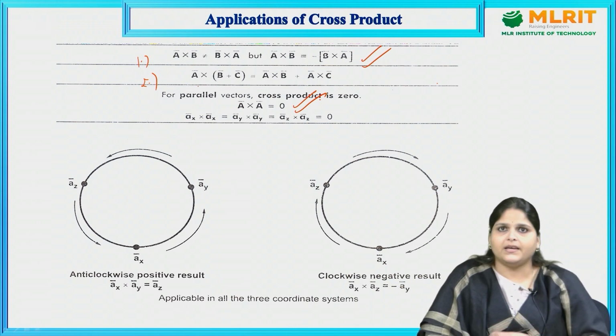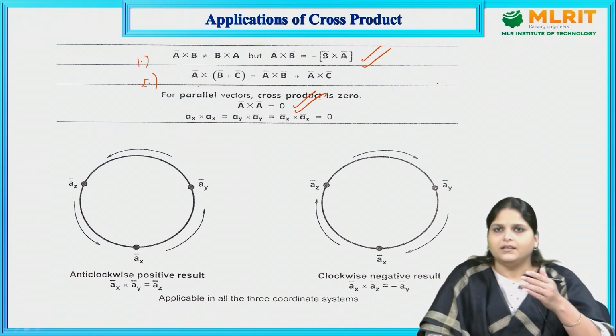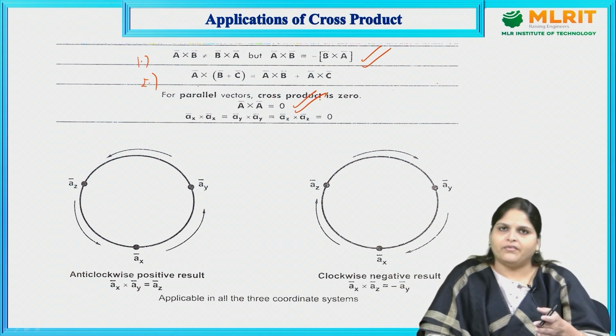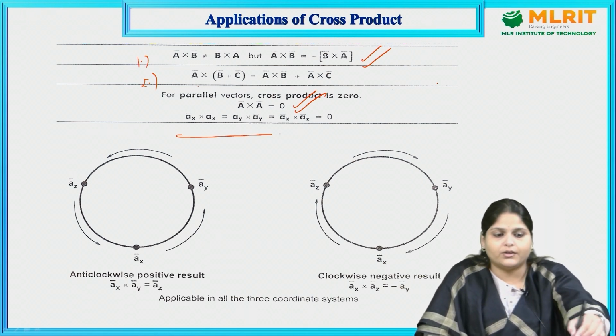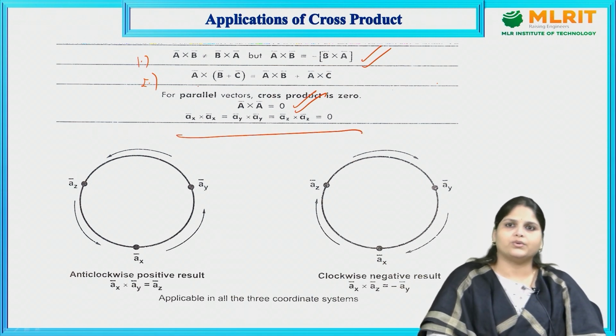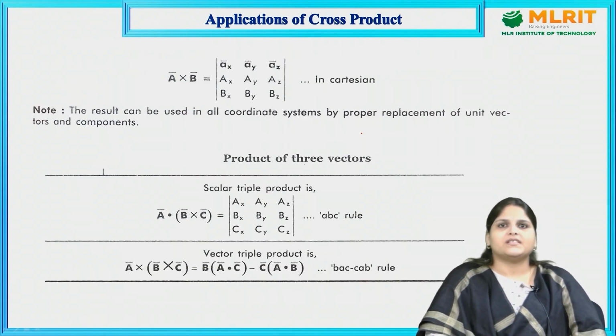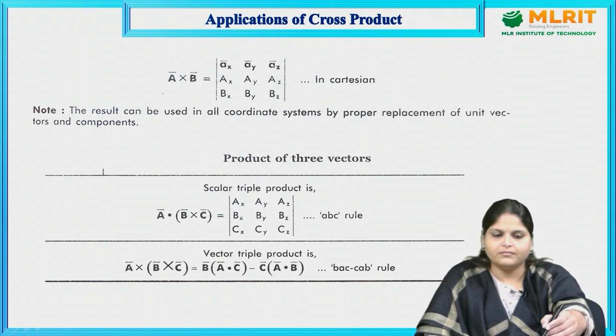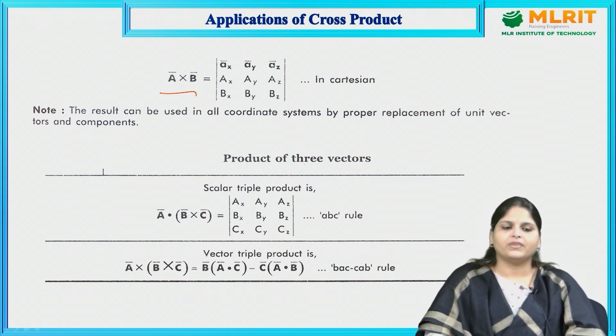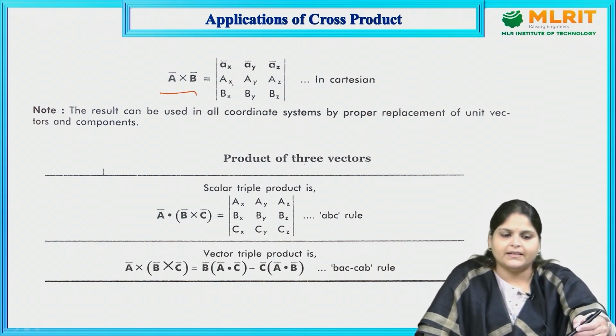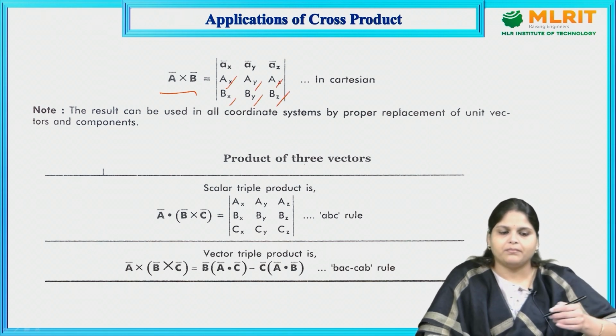A cross A is equal to 0. Similarly, if we take the unit vectors also, AX cross AX, AY cross AY and AZ cross AZ will be equal to 0. We have taken one example of this Cartesian system. So how can we write in this form? A cross B is equal to the determinant with rows AX, AY, AZ; the components AX, AY, AZ; and BX, BY, BZ.